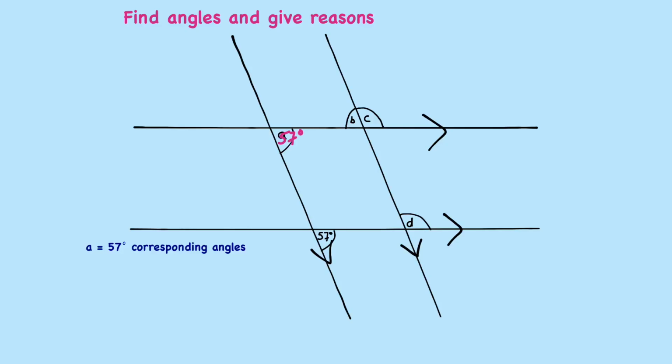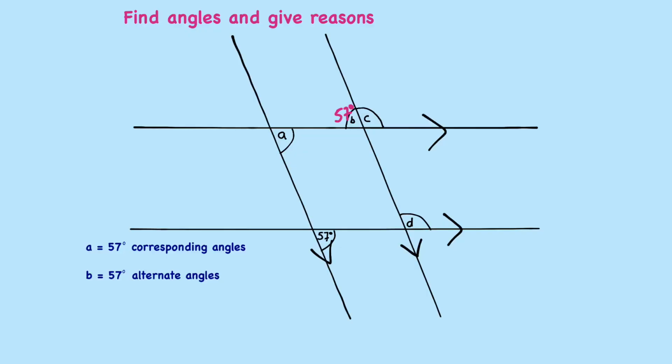And I want to find B now. So B, I can actually see that if I draw a Z shape here, B is also 57. So I've just found that B is 57, and I'm going to find C now.